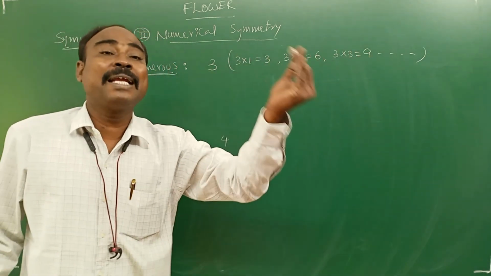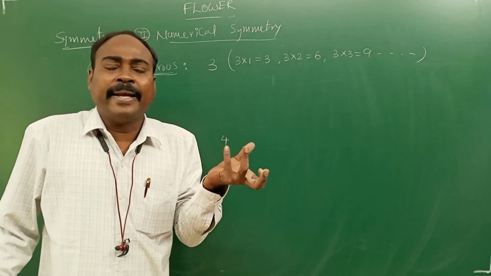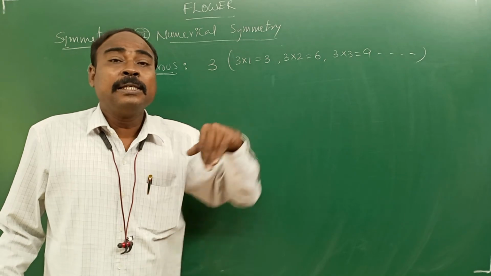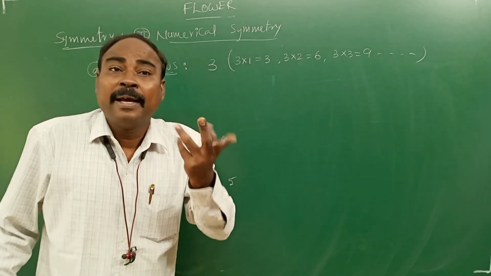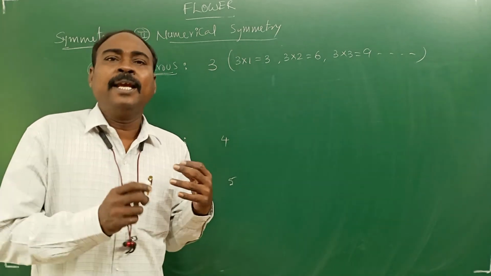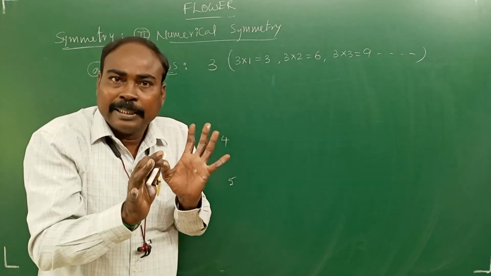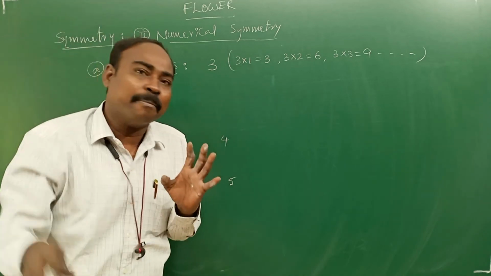So calyx may be 3, corolla may be 6, stamens may be 3, carpels may be 6, whatever it may be, multiples of 3. Each whorl is 3 in number or multiples of 3.